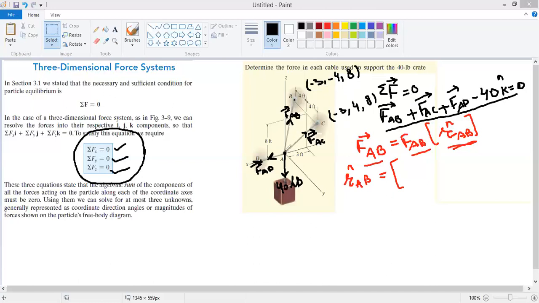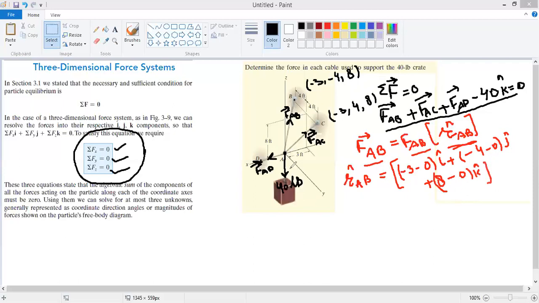So we can write the unit vector from A to B as: -3 - 0, x component of point B minus x component of point A, along i cap, so this is the unit vector along the x-axis, plus y component of point B minus y component of point A, that is -4 - 0, j cap, plus z component of point B minus z component of point A, that is 8 - 0, this along the z-axis, this is k cap.